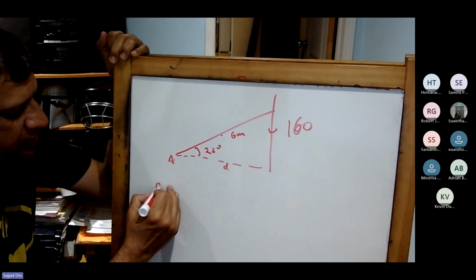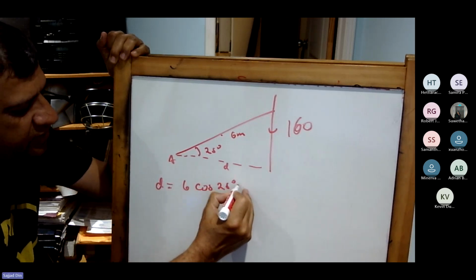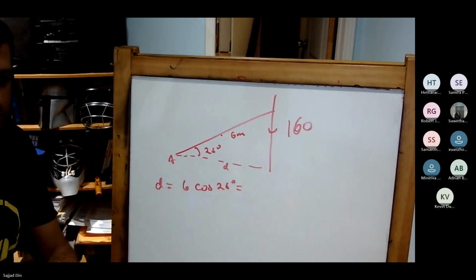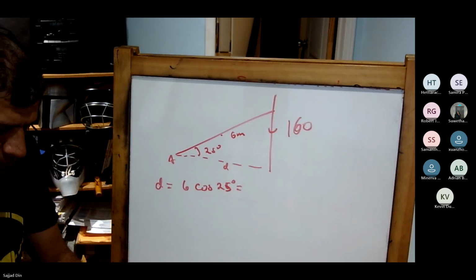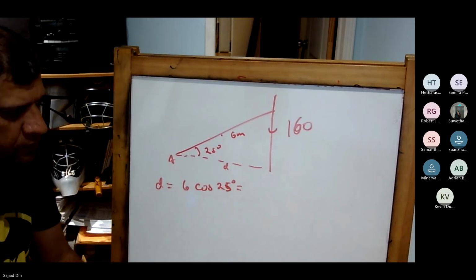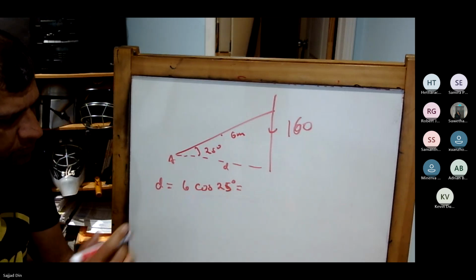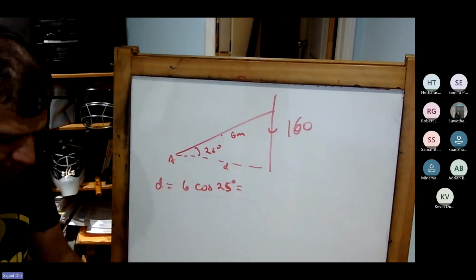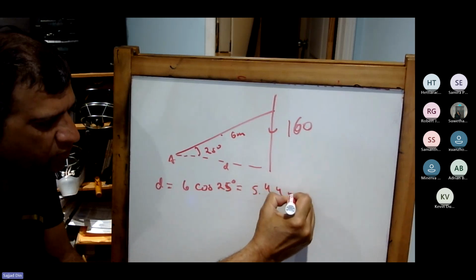And do the same. d is going to be equal to 6 times cosine 25 degrees. Should be 25 cosine times 6, 5.44 meters.